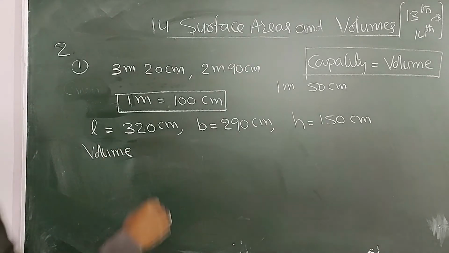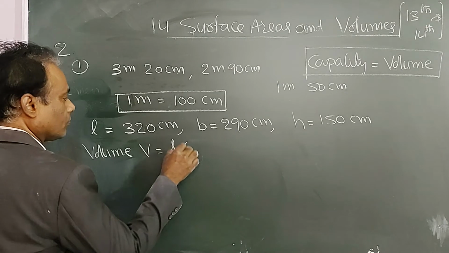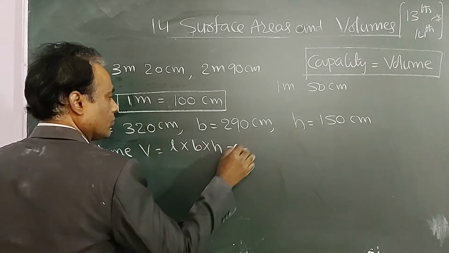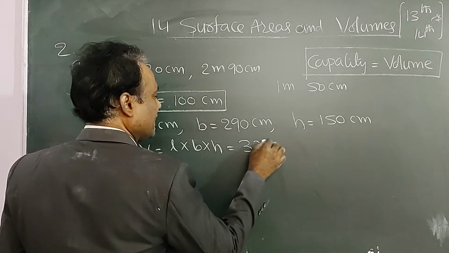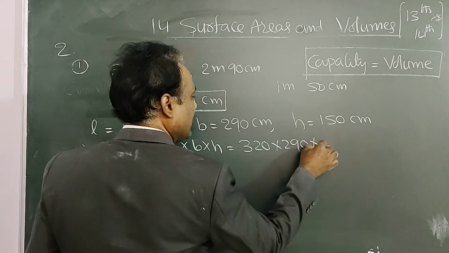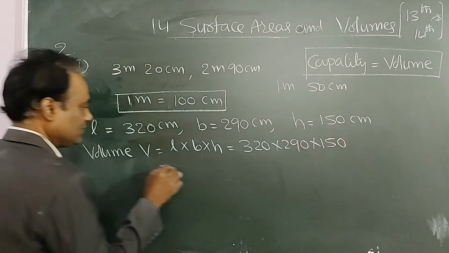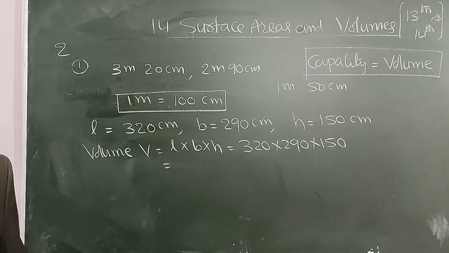Volume V is equal to length into breadth into height. Length is 320, breadth is 290, height is 150. Write down, students. Find length into breadth into height.